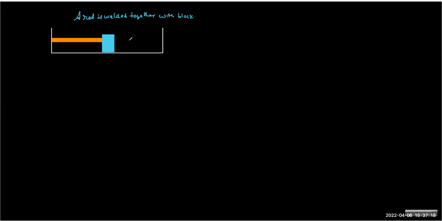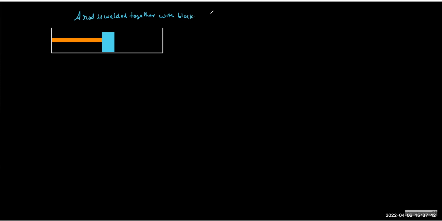Now, of course, you cannot move by a large value because it's a rigid rod, maybe an iron rod. But this will not stop the concept of SHM, because if you hit hard, it will vibrate very vigorously. You can experience it. So there will be to and fro motion.